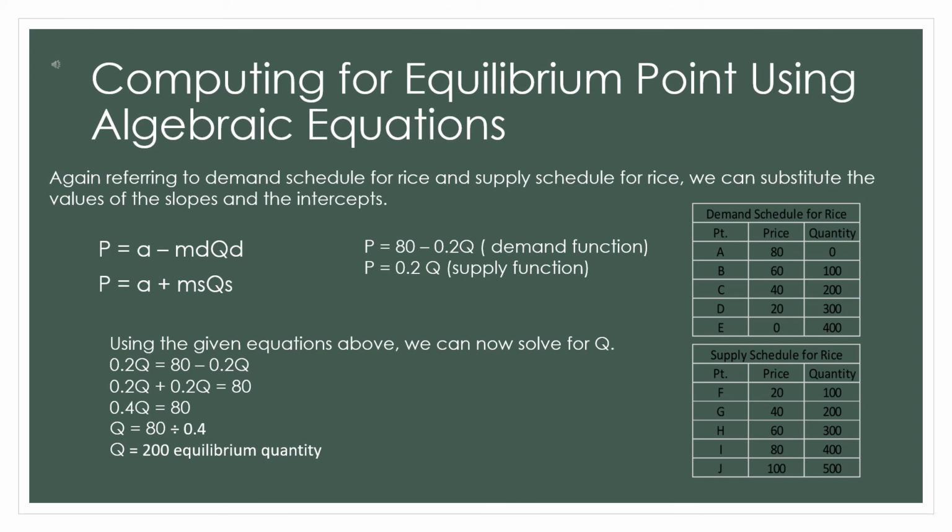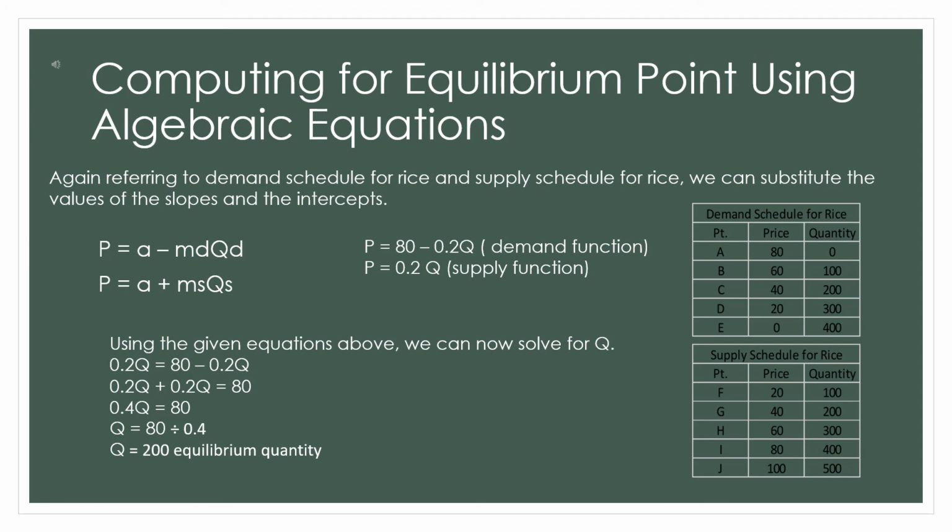As we transpose, take note that when we say equilibrium price, the demand function and the supply function are equal. That means the price in demand and in supply is the same when we achieve the equilibrium point.